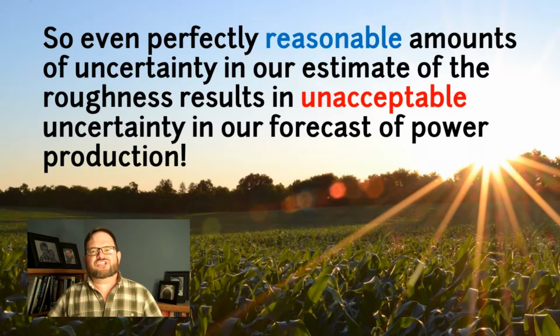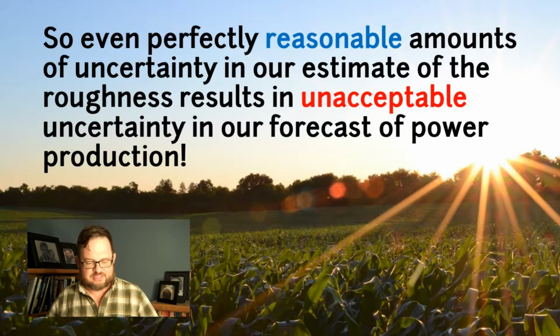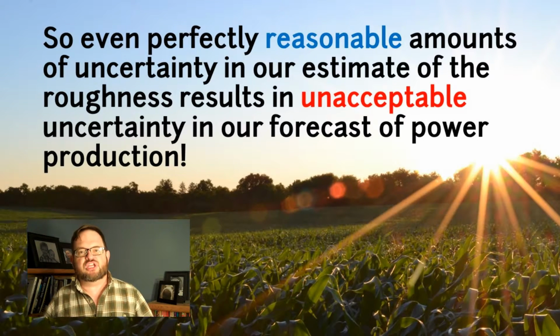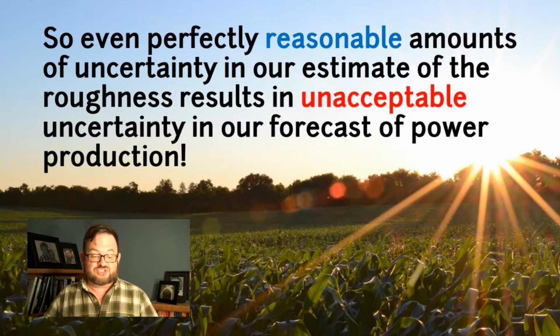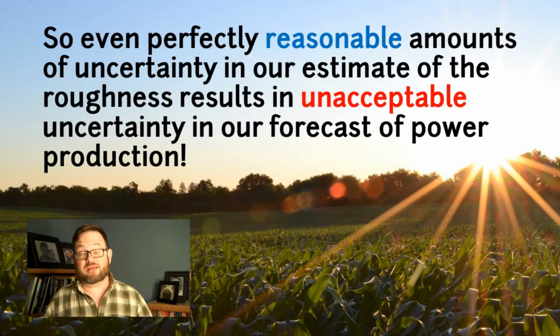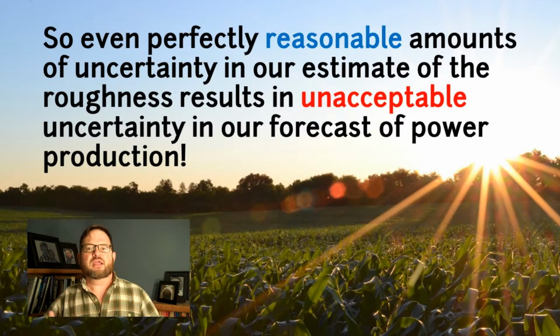What I want to draw your attention to then is what a pain in the butt this roughness length stuff is. I mean, we had perfectly reasonable amounts of uncertainty associated with our estimates of Z0, and it turned out to be resulting in completely unacceptable uncertainty in our forecast of the power we would be able to produce. That means that we're going to have to get better at coming up with estimates of roughness.